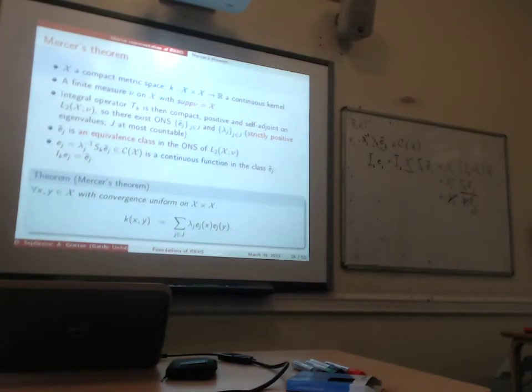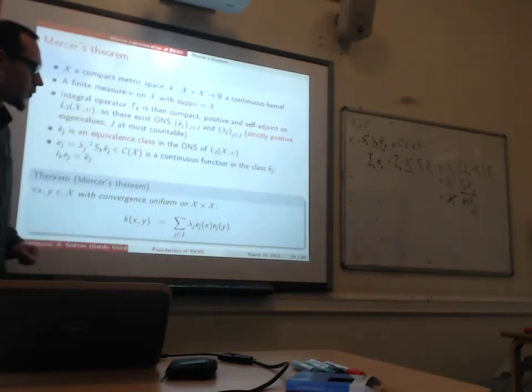Okay, and then I get Mercer's theorem. It tells me that under all these assumptions, and when I define Ej in the following way, I get that the kernel can be written in the following form.